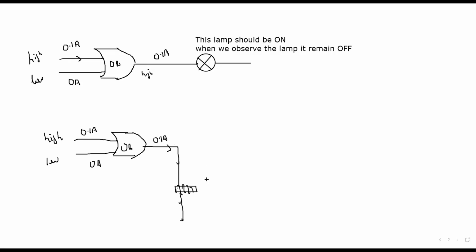So the part of the switch is attracted towards the relay coil, and this lamp is connected to a high voltage supply, for example a 20-volt, 40-volt or 220-volt supply, which can give a greater amount of current.